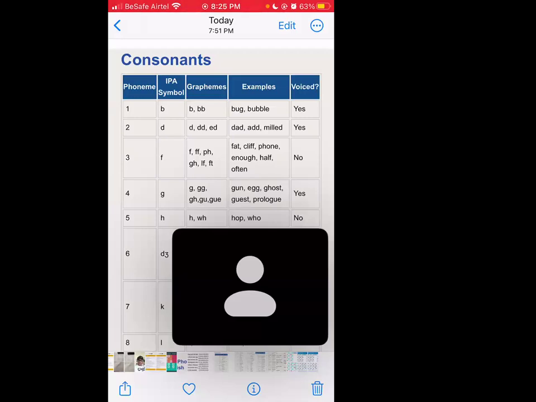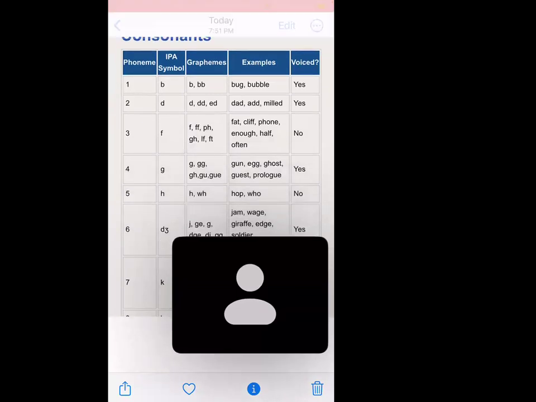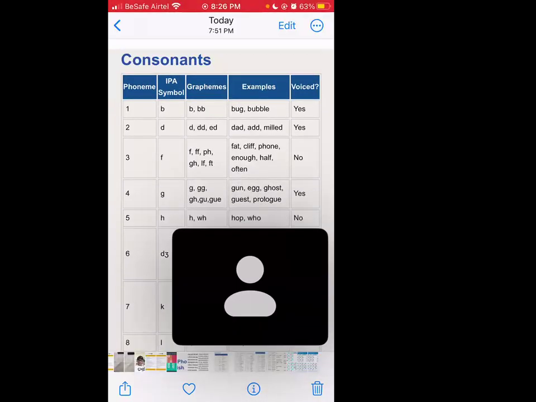Only the F sound is pronounced. So you have words like fat, cliff, phone, enough, half, and often. The word often is mostly wrongly pronounced, but the T is silent. Then for the G sound, we have graphemes like G, GG, GH, GU, or GUE.